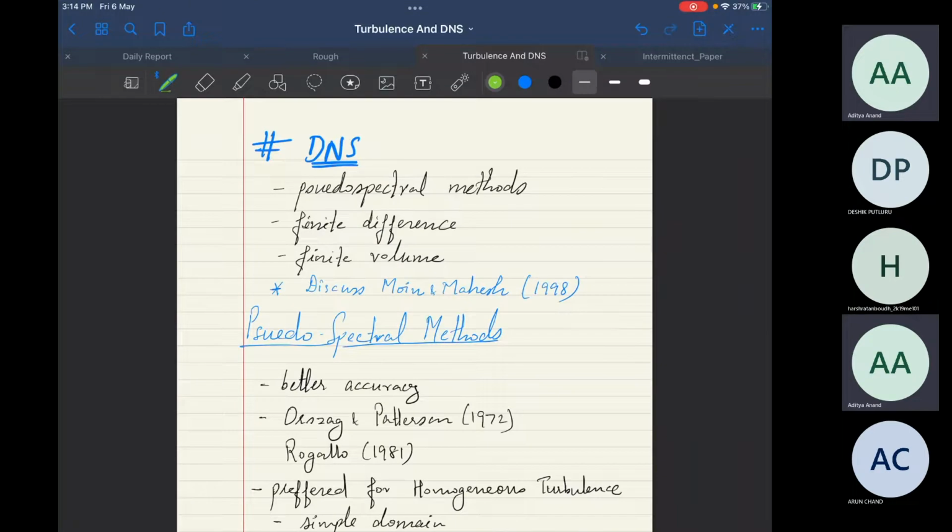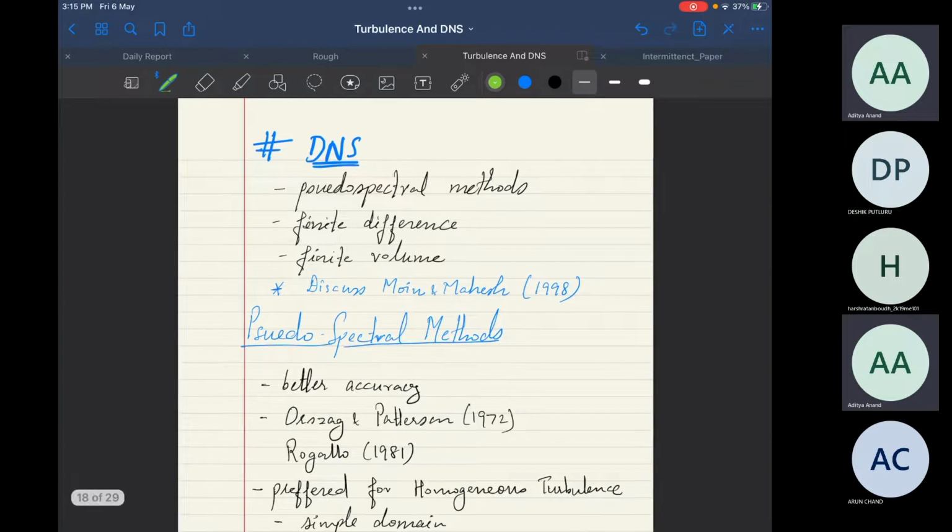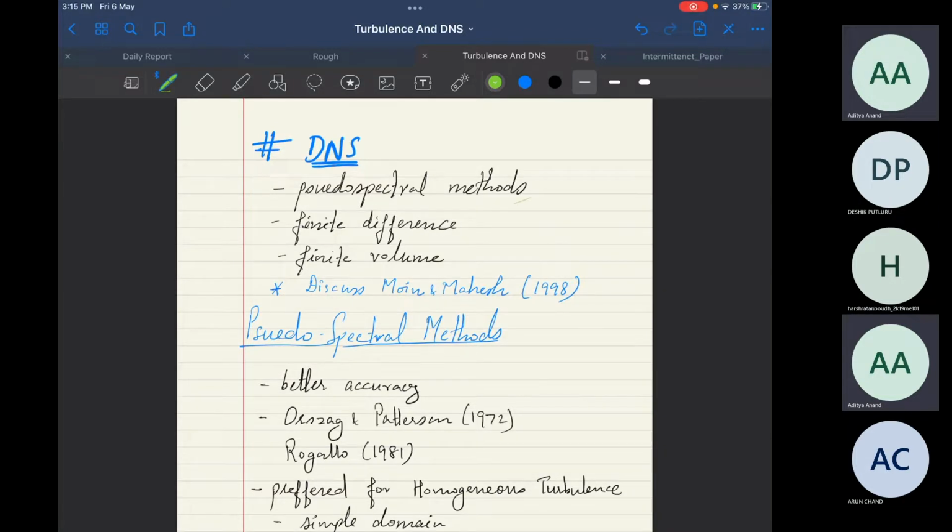Okay. So to perform direct numerical simulations, we have a few methods. We have pseudo spectral methods and we have finite differences. There are also finite volume methods. So we'll be discussing these two, pseudo spectral and finite differences. The open source code that we'll discuss, Incompact3D, is a finite difference code.